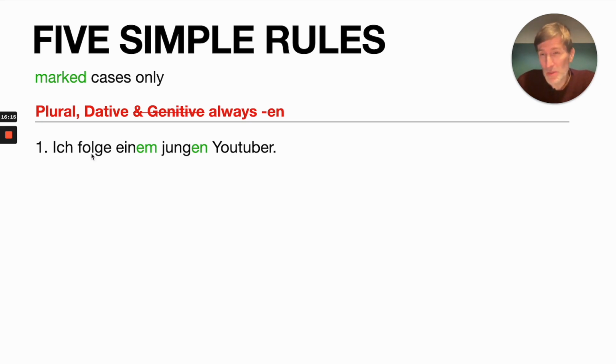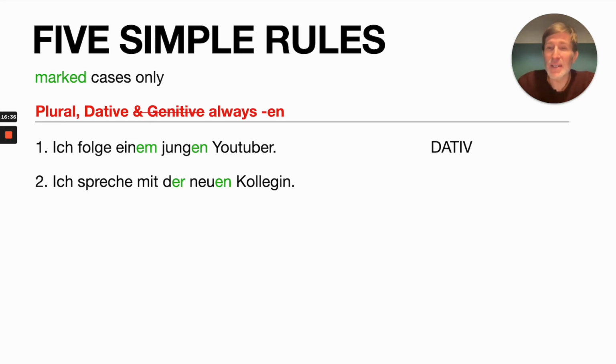So, ich folge einem jungen YouTuber. This is dative because of folge. Don't have to understand that or know that yet. You can see the dative in the ending einem. Only dative has the em ending. And therefore you know jung has to end in en. Ich spreche mit der neuen Kollegin. And here I see it's mit. Mit is a trigger for dative and I know neuen needs to end in en.